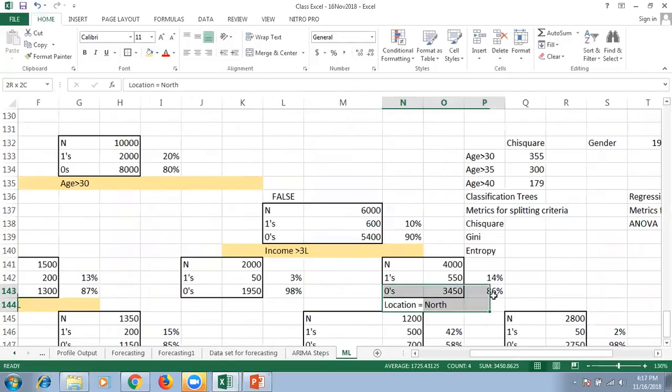Guys, you need to understand one thing here. This is the output you got from the model. I mean, you run the decision tree and you got an output like this. This is not my own numbers. This is the output of your system, assuming that.